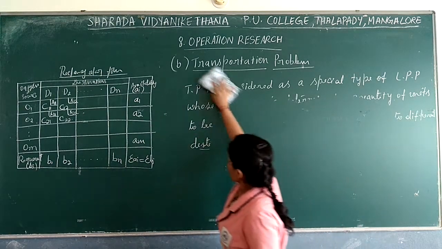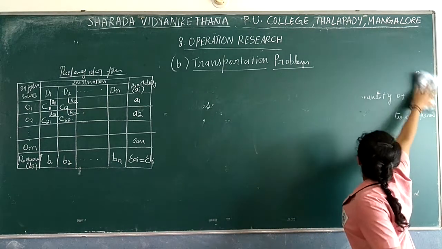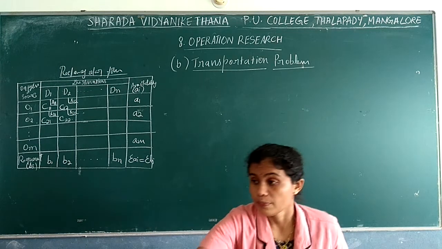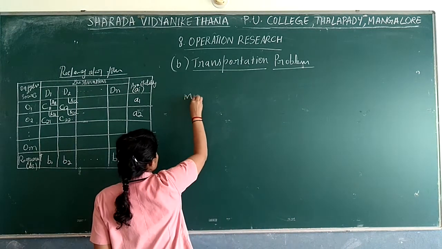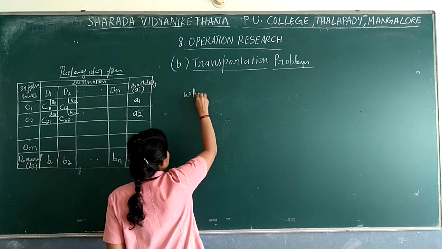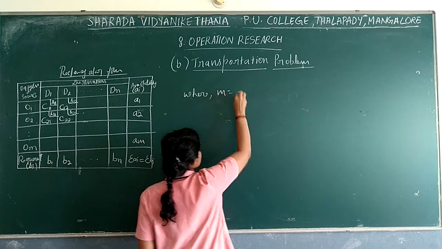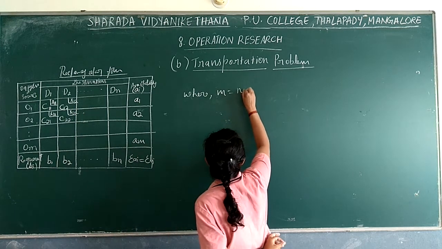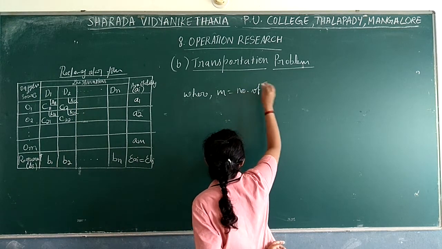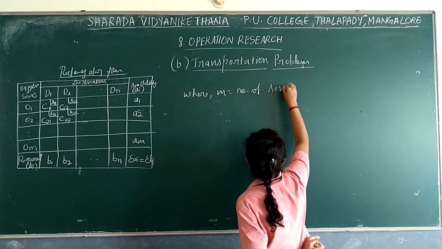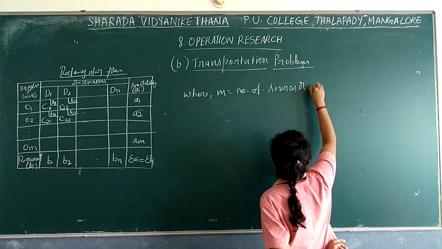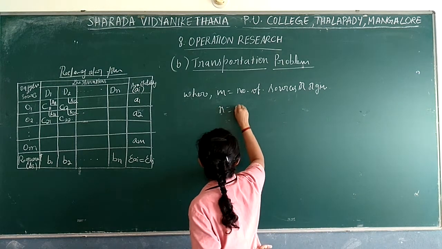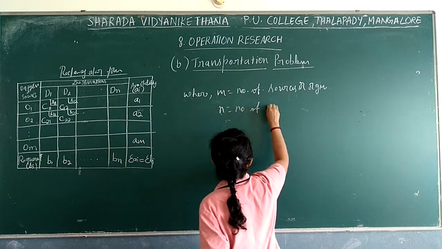Now here we have taken some of the terms. Where m is the number of sources or origins, and n is the number of destinations.